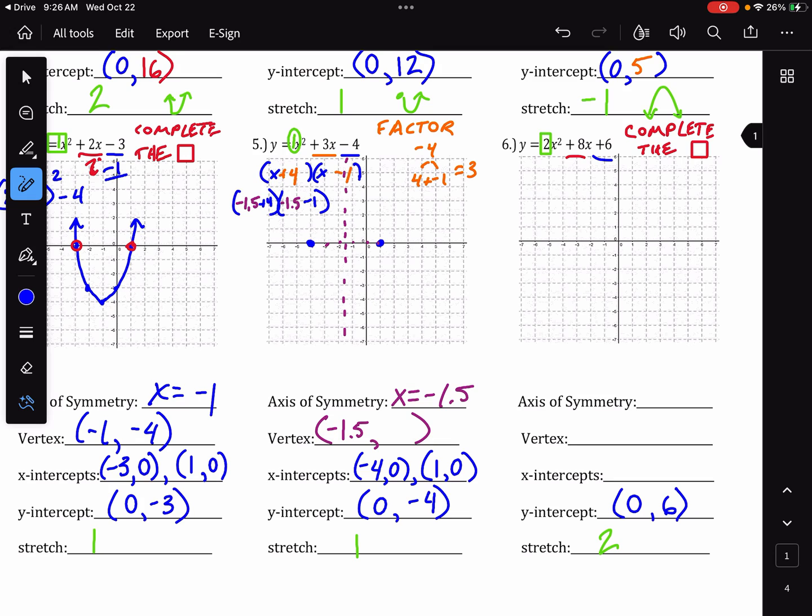So negative 1.5 plus 4 gives me 2.5. And negative 1.5 minus 1 gives me negative 2.5. Multiply those together, and we get negative 6.25, if I'm thinking about that right. Yes, that's my final answer. I'm going with it. Okay, so negative 6.25.